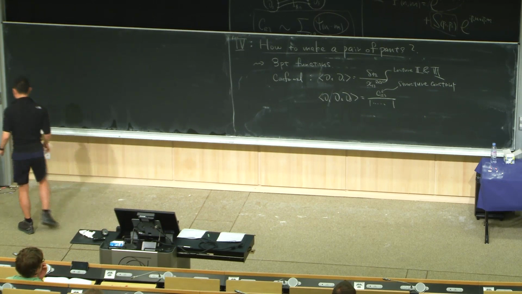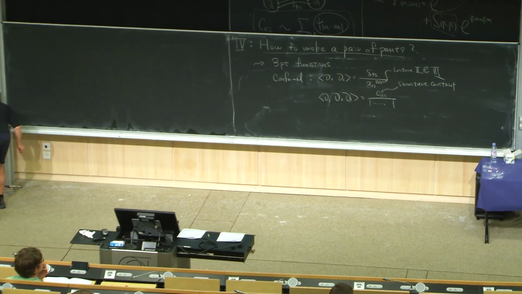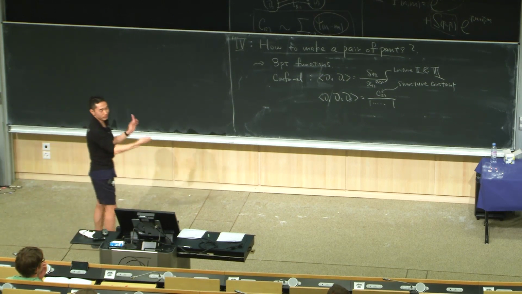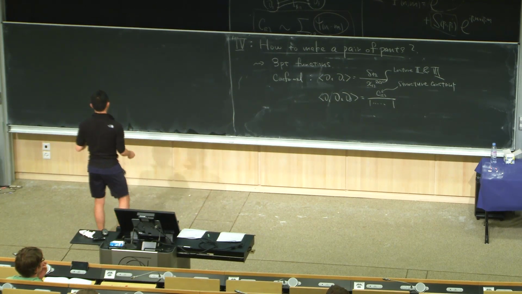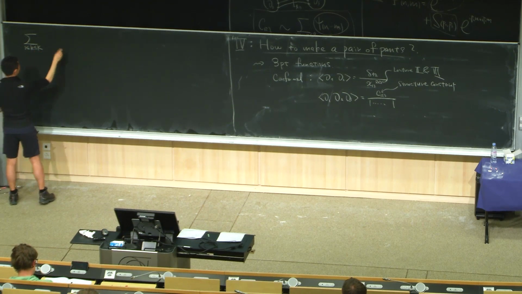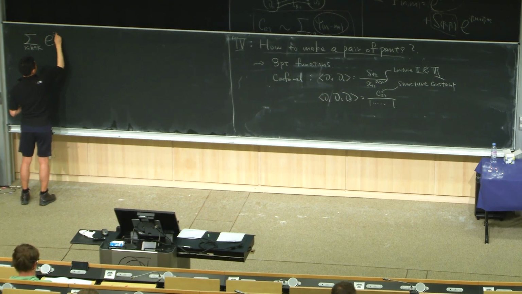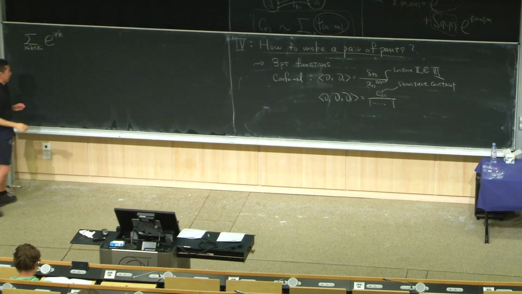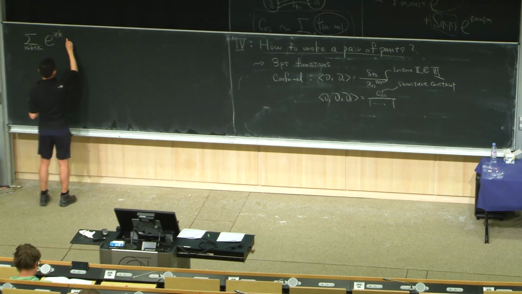Now, let's do the sum. The typical sum I need to do is something like this. The range of k is from 1 to large K, and I need to do the sum of e to the i p k. Of course, this is very trivial.